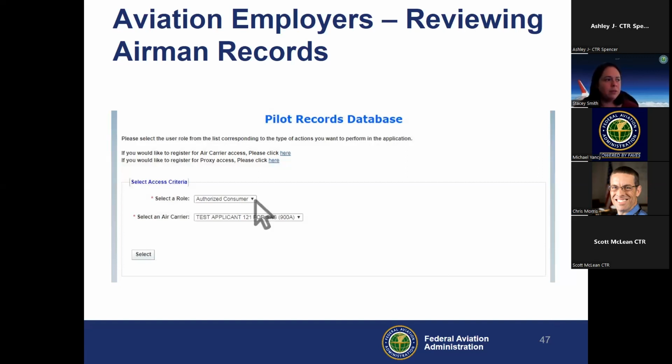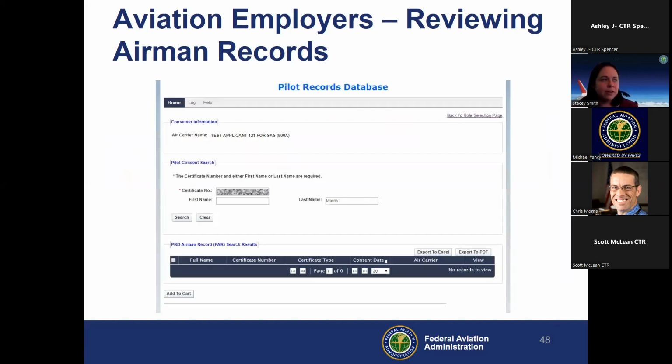Then we'll go from here to the next page where you'll enter the pilot's information. So make sure that it's important to note that you'll enter both the pilot certificate number and the pilot's last name. If you don't enter both pieces of information, then it won't let you pull up the record.